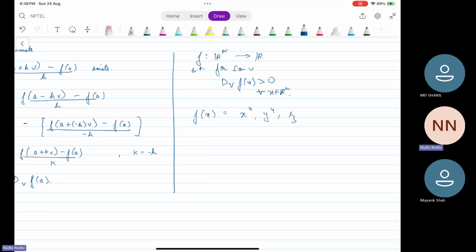Okay, you are taking three variables. So f(x, y, z). What v should I take so that in that direction the derivative is positive? Ma'am, I am stuck here.